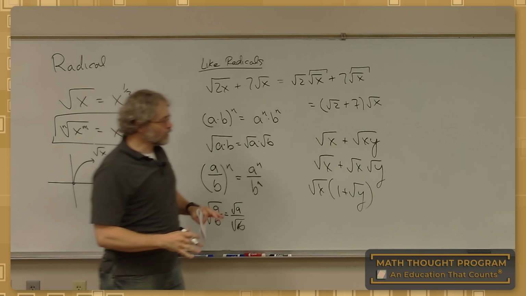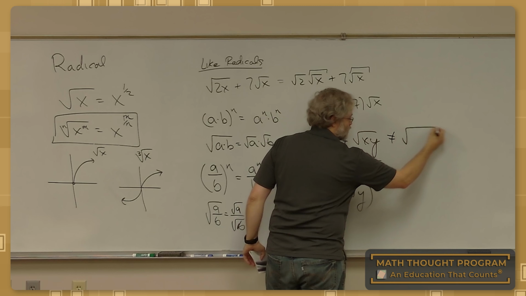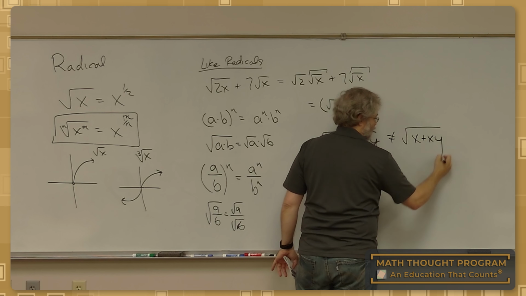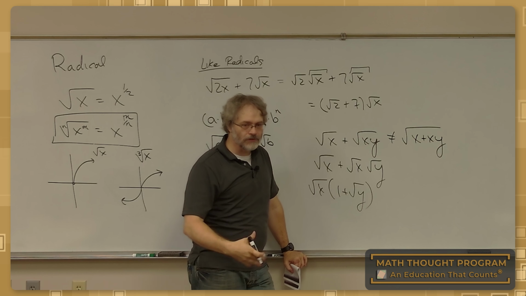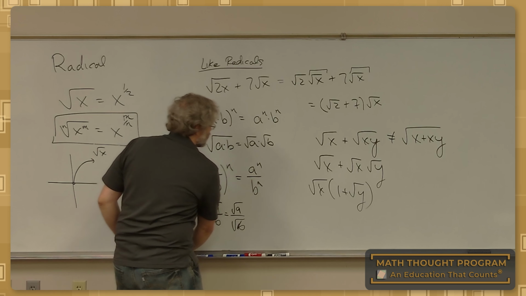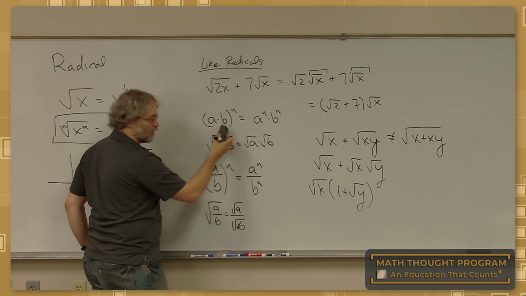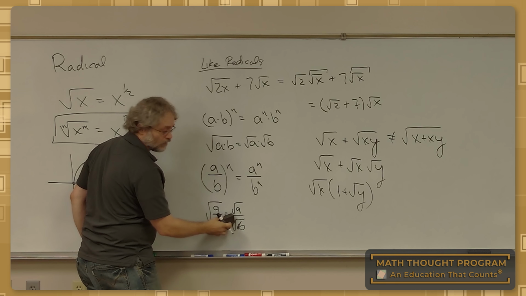So the property that you might think you can do is, okay, just make it under a single radical, but that's not how this is going to work. This is a real common mistake you've got to watch out for. So once again, you can break it in terms of a product. If you're multiplying and if you're dividing, you can turn it into a division problem.